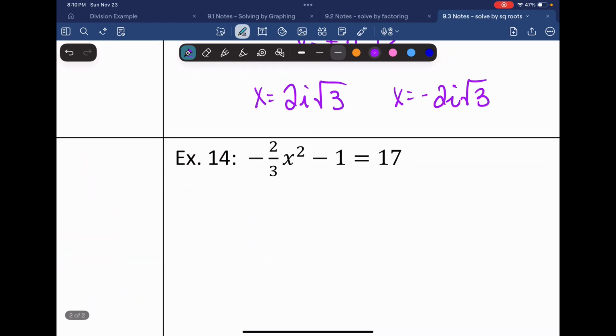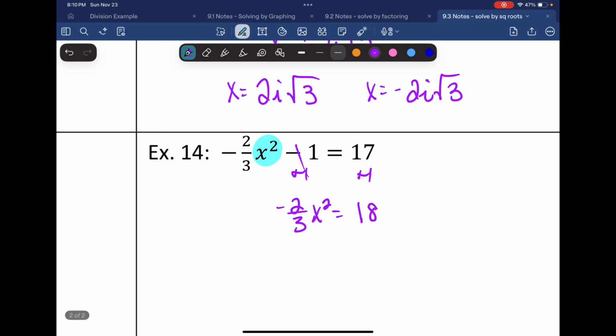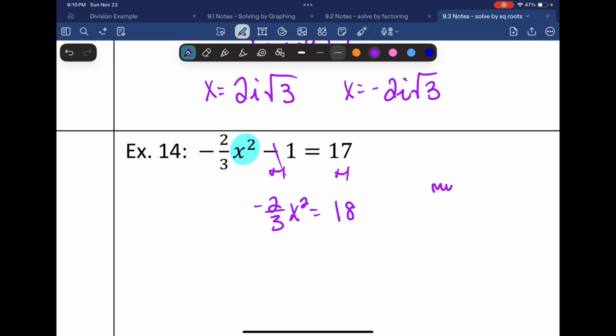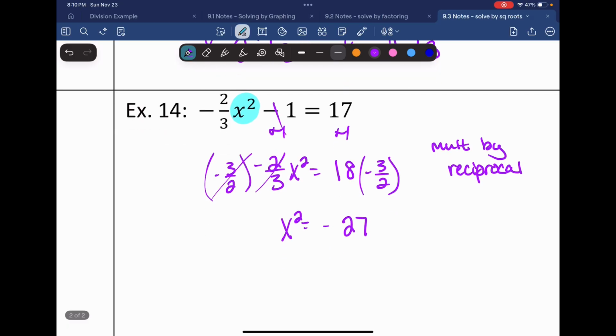Okay, last one. There's my square. Add the 1. Multiply by the reciprocal since you're trying to get rid of that fraction. All right, square root both sides.